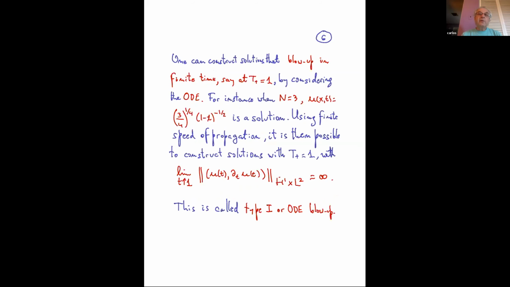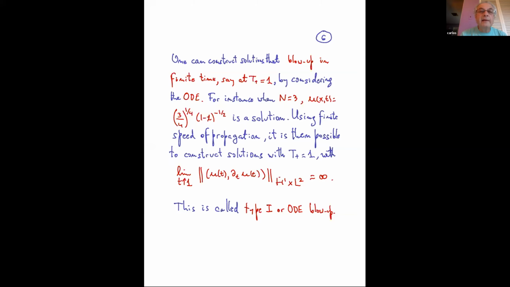It is easy to construct solutions that blow up in finite time, let's say at time equals 1, by considering the associated ODE. So we forget about the space dependence and we just look at this as an equation in time. And then for n equals 3, u(x,t) equal to (3/4)^(1/4) times (1 minus t)^(-1/2), that's a solution.